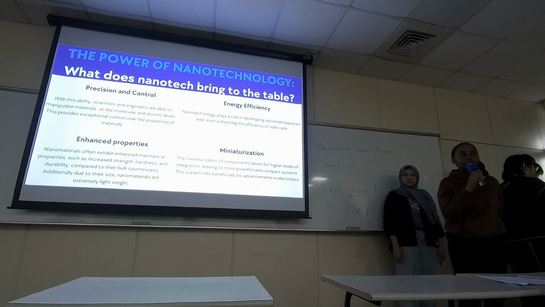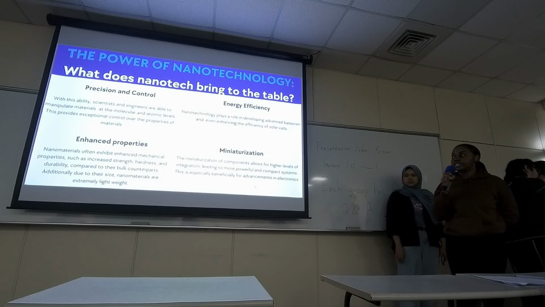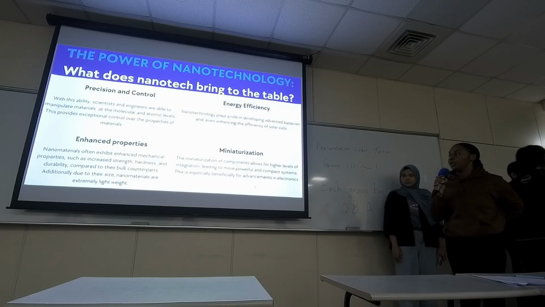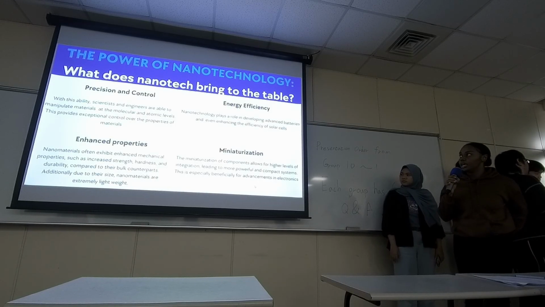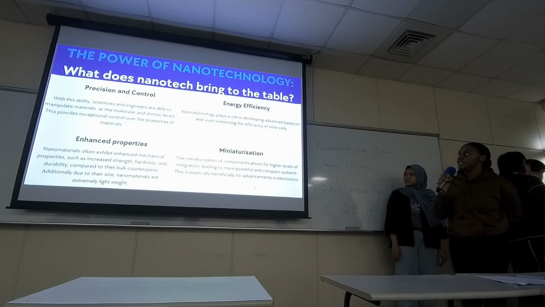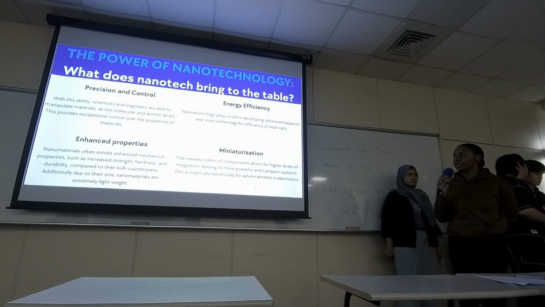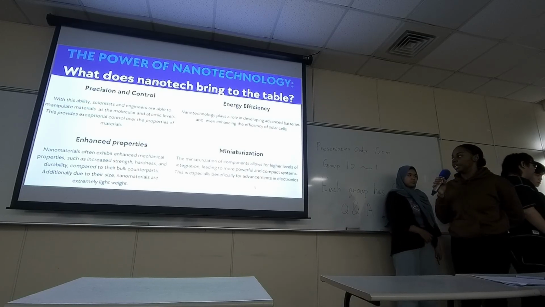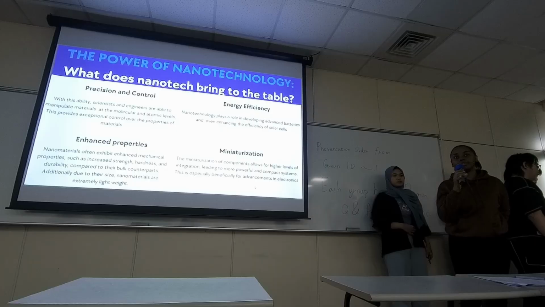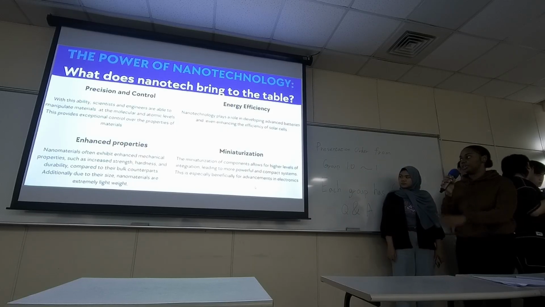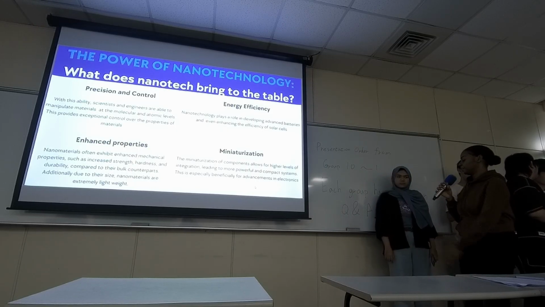And of course, because of the size, it is very lightweight. We also have energy efficiency, which is important in the advancement of batteries, and miniaturization, where we can create more powerful and compact systems, which is very important in electronics.